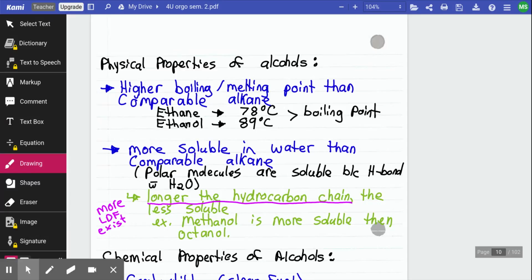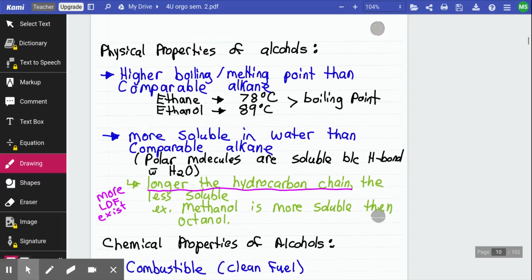So we've got ethane versus ethanol. You can see that the alcohol is more soluble in water than the comparable alkane. Okay, this is because, as we already talked about, the polar molecules are soluble because of the ability to hydrogen bond with water. Now, the other thing though is that the longer the hydrocarbon chain, the less soluble.